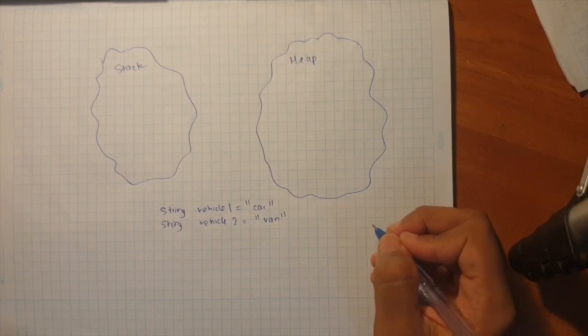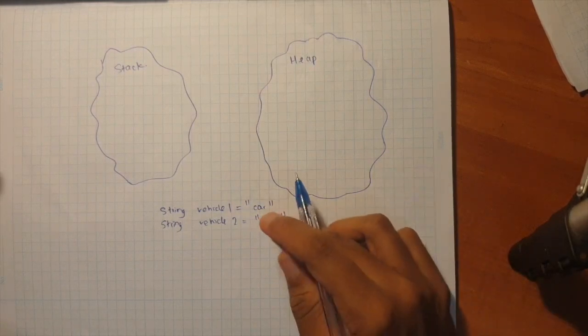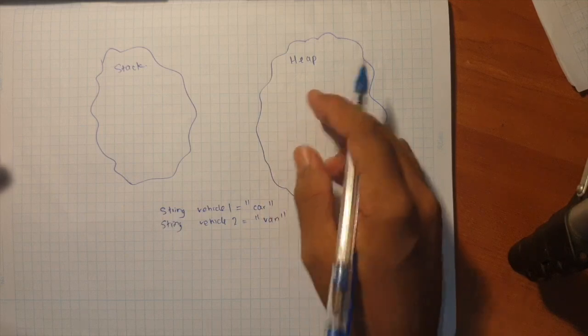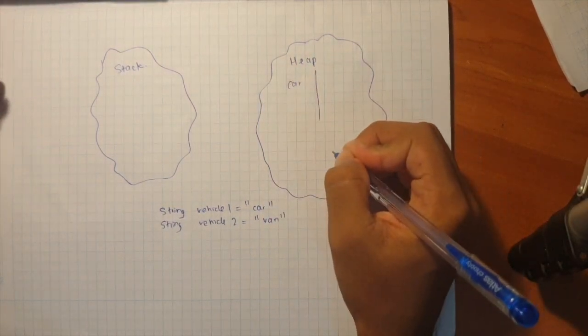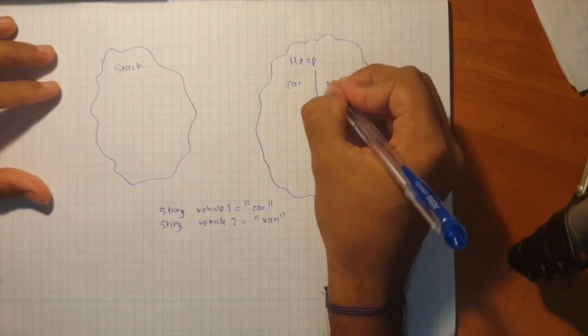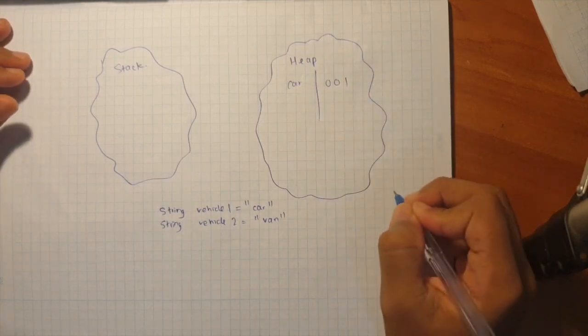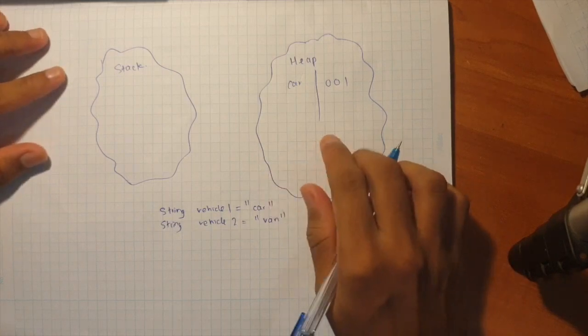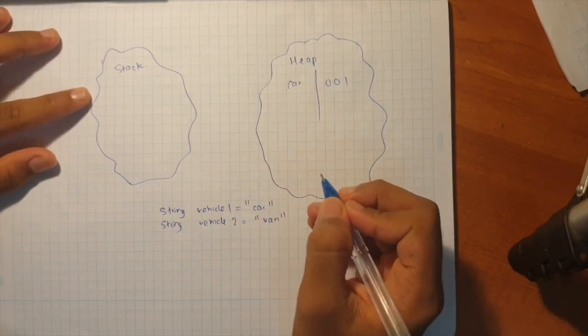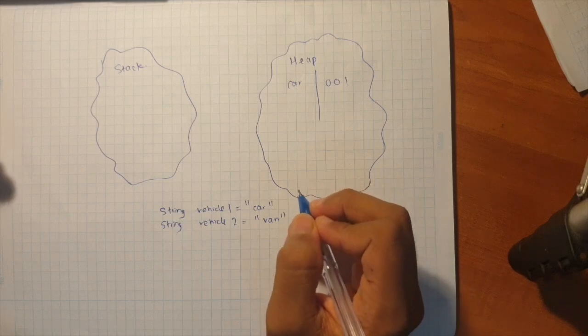Okay, so now what happens here is the string car goes into the heap memory and it gets a referring address, for example as 001, and the respective variable will go into the stack memory with the reference address to its value like this.